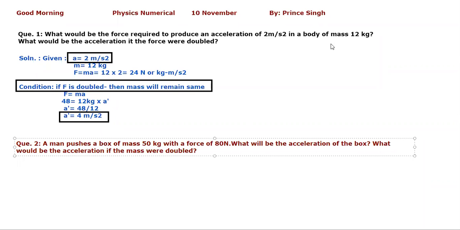What will be the acceleration, and what would be the new acceleration if mass is doubled? So how will we start?